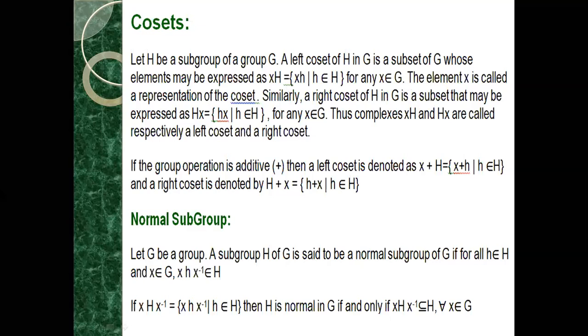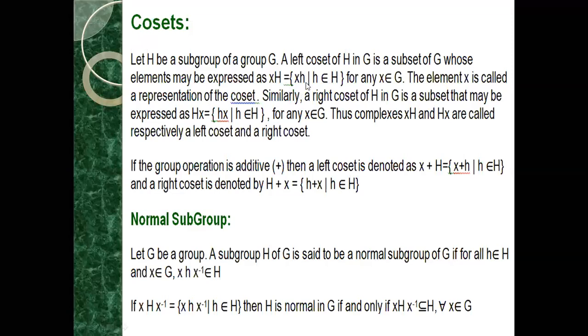The element x is called a representative of the coset. Similarly, a right coset of H in G is a subset that may be expressed as Hx equal to {hx}, where h belongs to H and x is an element in G. Thus the complexes xH and Hx are called a left coset and a right coset respectively.